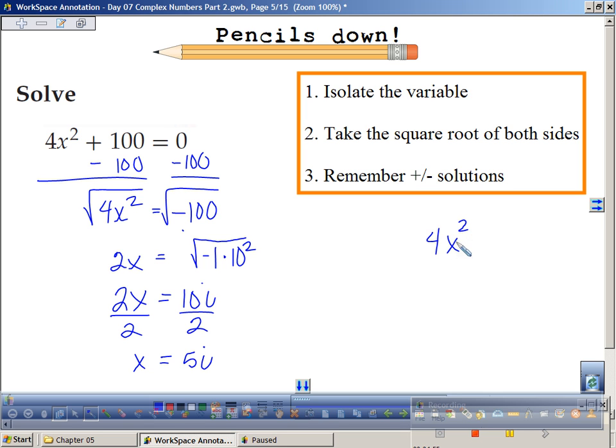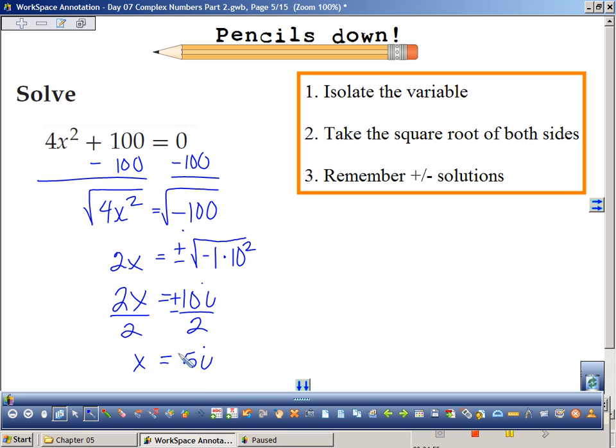So because of that, when I take this square root, I have to consider both scenarios, positive and negative. Because if it was a negative, like let's say it was negative 2, when I square it, that negative is lost, right? Which is what we talked about with the whole i situation. So, just to cover ourselves, we have to say that there's a possibility that this is plus or minus, plus or minus, plus or minus.